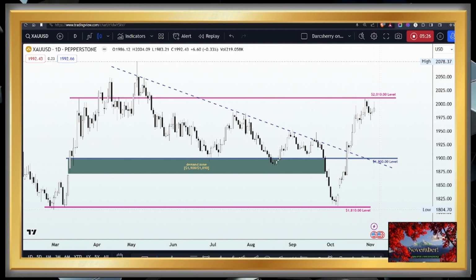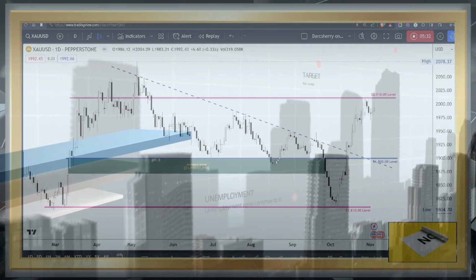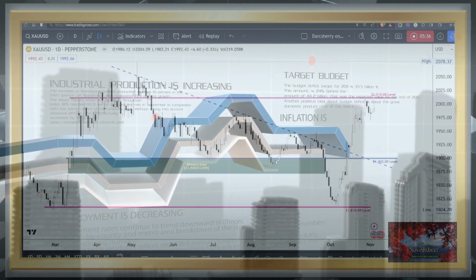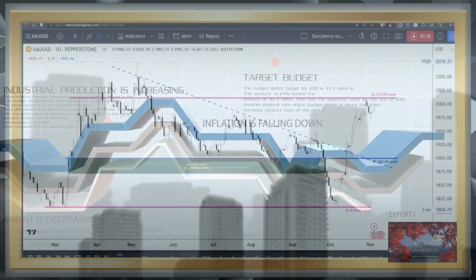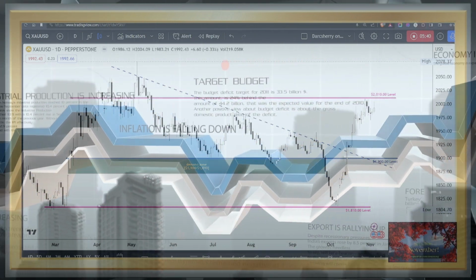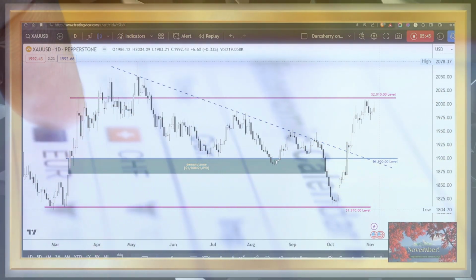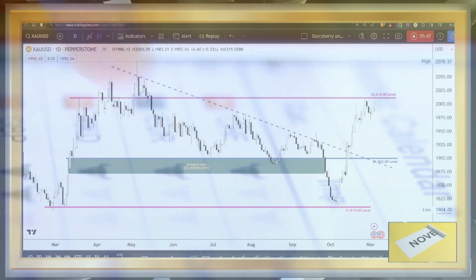Now, before we scale down into the lower time frame, it's very important that we take a quick look at the economic calendar so that we can factor in the fundamental factors that may likely affect this market going into the new week. And of course, you all know how these fundamental factors often manifest on the chart in technical patterns and price movement.